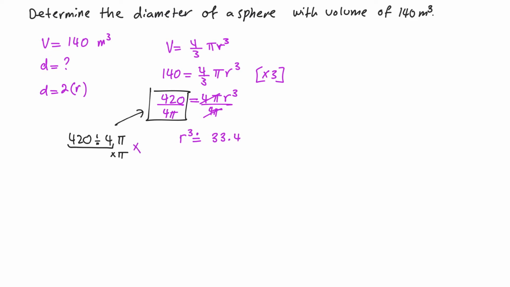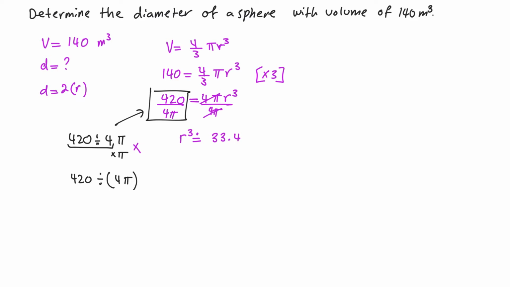So the way you want to put it on your calculator is 420 divided by brackets 4 pi. And when you do it this way, your calculator will multiply 4 times pi first, and then it will do 420 divided by the value. So make sure you put this in brackets when you're doing this. This is a very big common mistake.